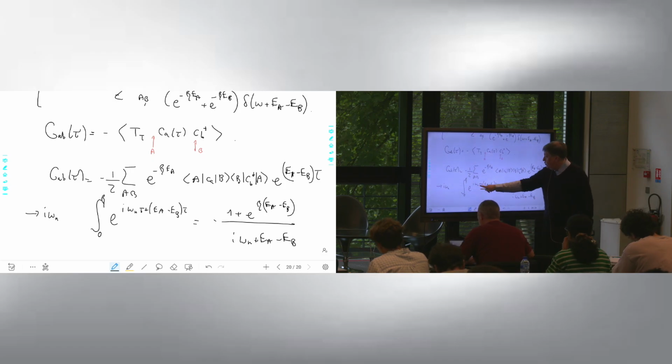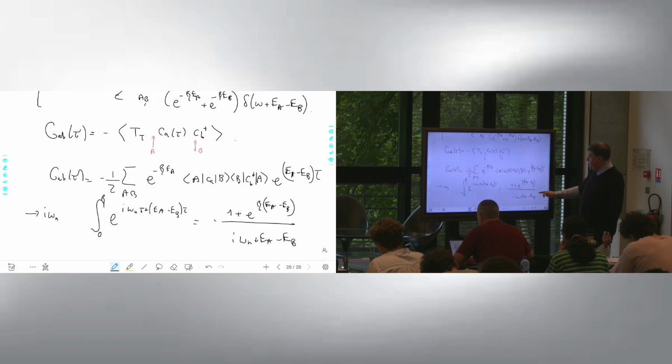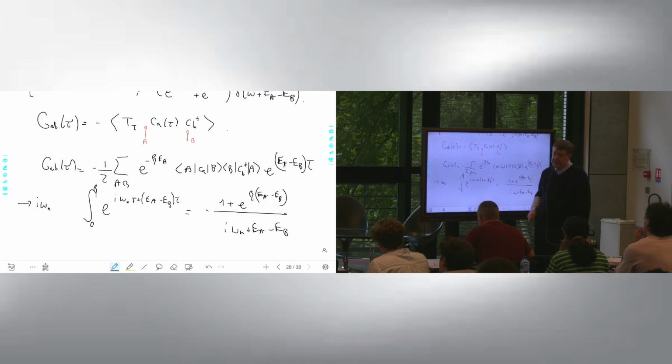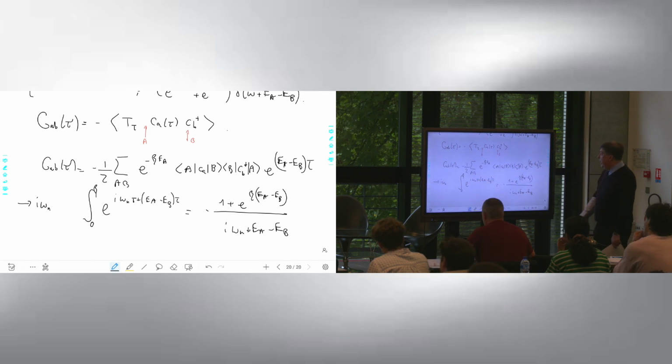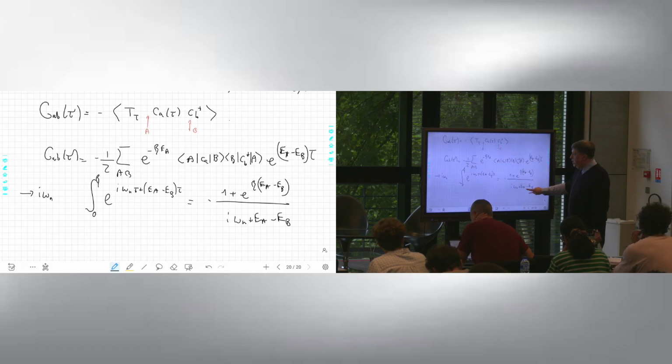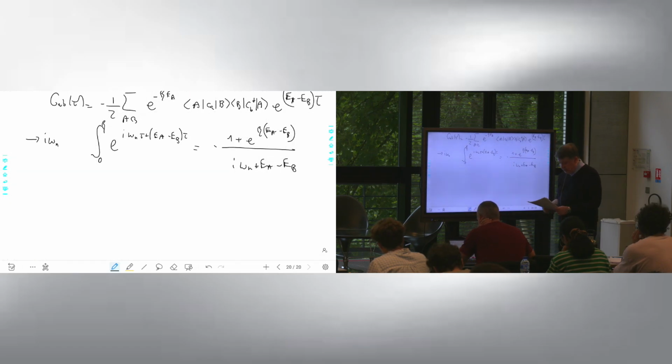Because you integrate, so you get 1 over omega n minus EB, but you have to be very careful because at 0 it gives you 1, but at beta, e to the i omega n beta gives you minus 1. So it gives you this intermediate result. And that allows you just to do the Fourier transformation and compute the Green function in imaginary frequencies.